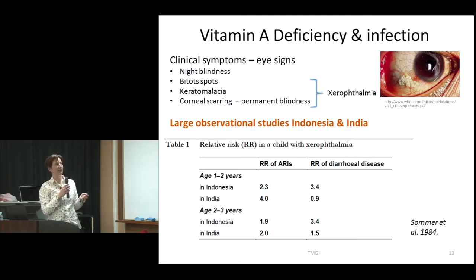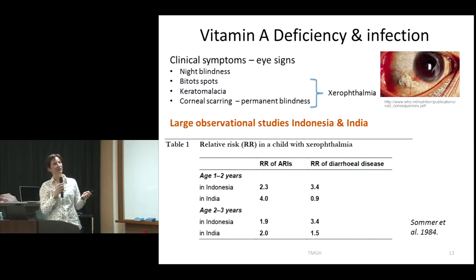So the clinical signs, the first sign is actually night blindness, because you need retinol for the rhodopsin in the eye that detects light. But again, that's quite non-specific. How do you objectively measure night blindness?